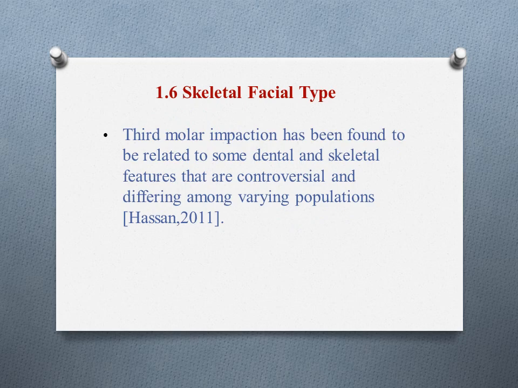Third molar impaction has been found to be related to some dental and skeletal features that are controversial and differ among varying populations. In 1991, Capelli claimed that third molar impaction was more likely to occur in a vertically growing mandible. A long ascending ramus and short mandibular length seem to be an indication of mandibular third molar impaction.